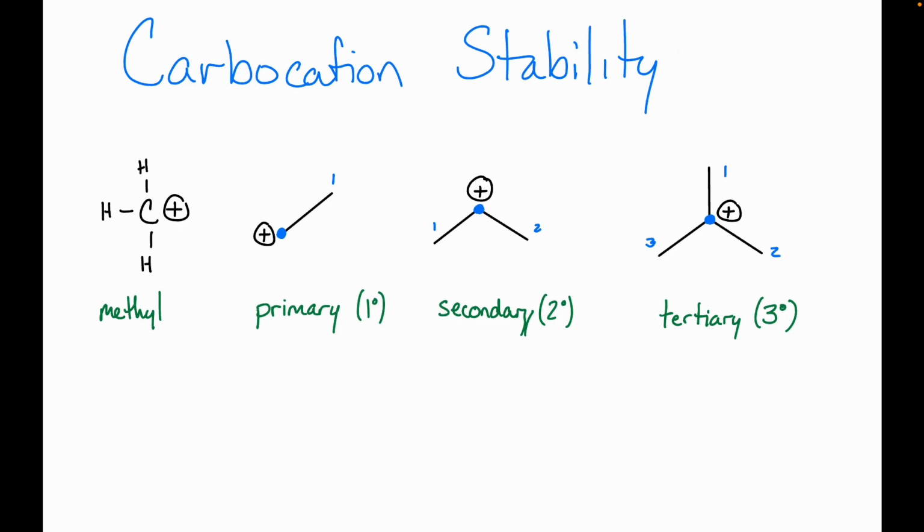Okay? It turns out that the least stable is a methyl carbocation, and it goes in order from there. So the next least stable is a primary, a secondary is more stable, and finally the most stable carbocation that you can have is a carbocation that forms on a tertiary carbon.